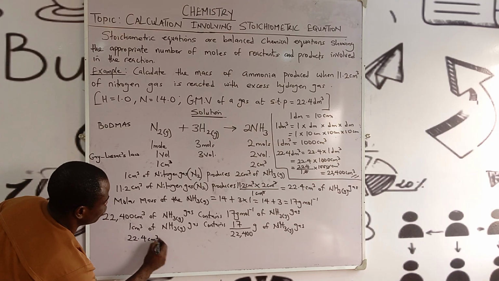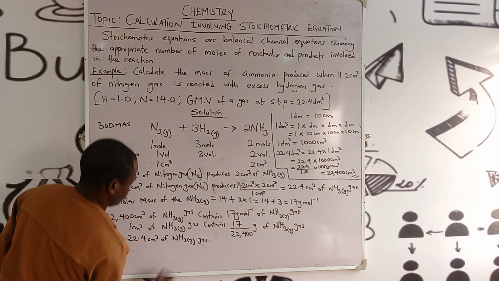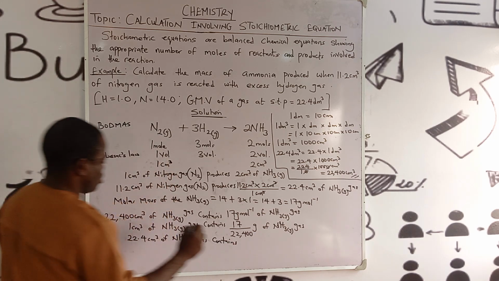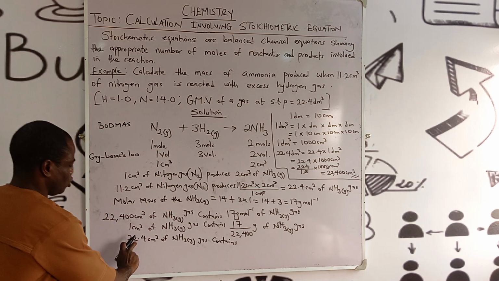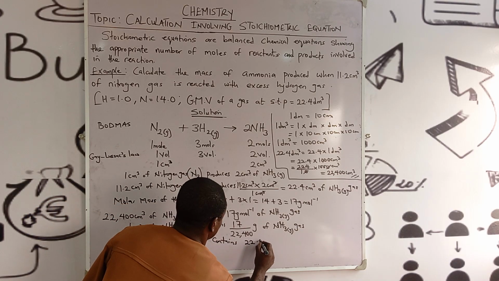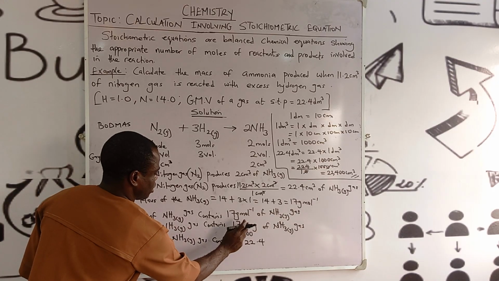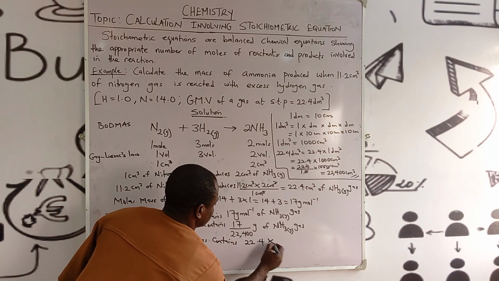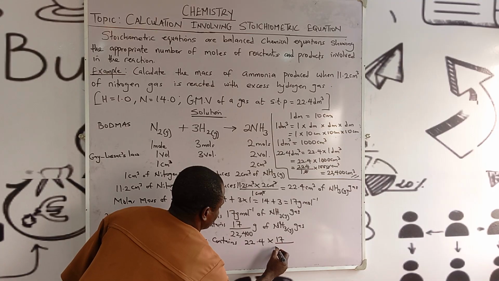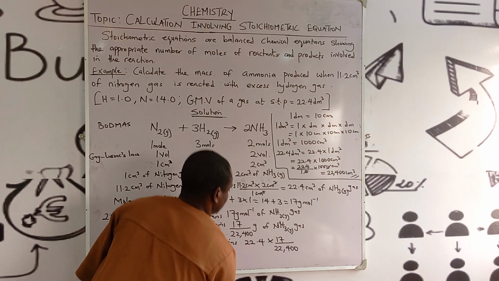22.4 cm cube of ammonia gas contains 22.4 times 17 over 22,400.